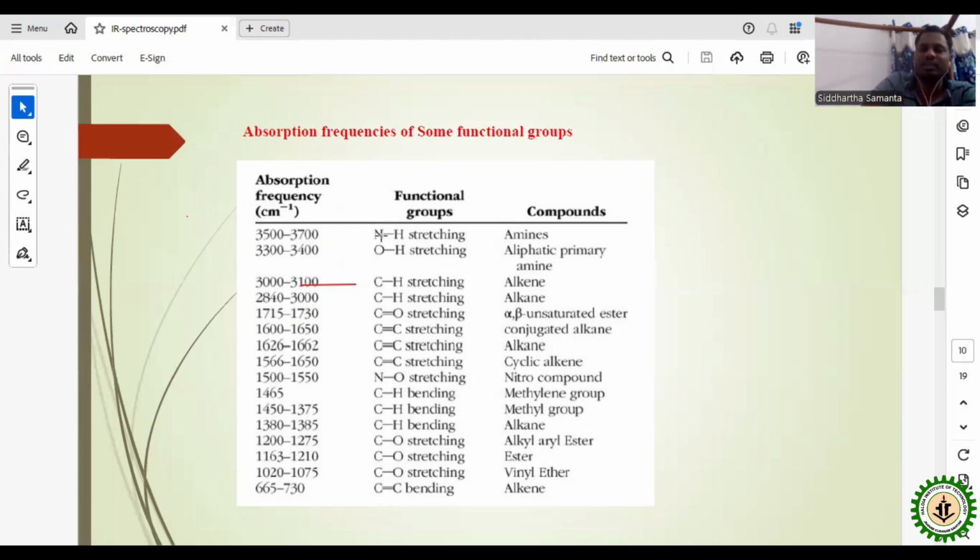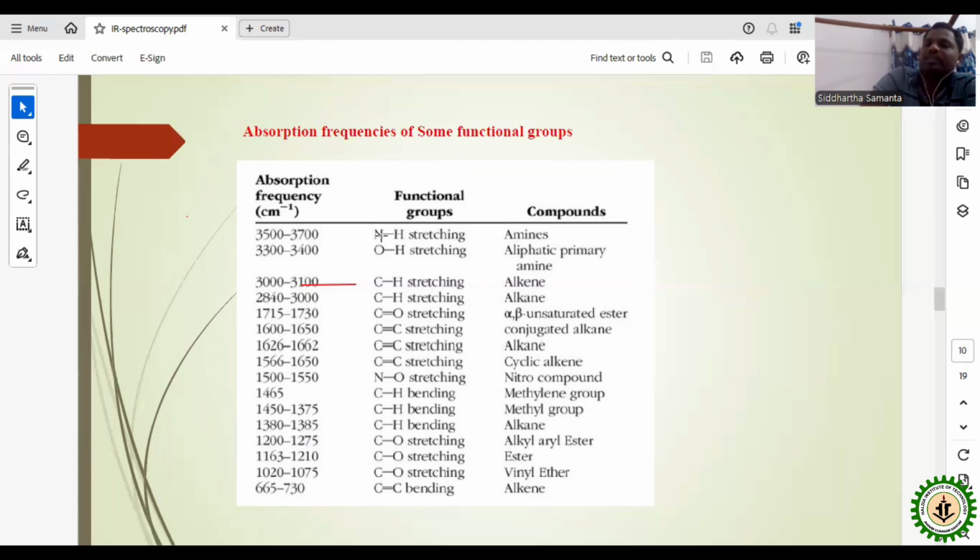In case of CH, 3000 to 3100 centimeter inverse. But CO, carbonyl stretching, is in the region of 1715 to 1730 centimeter inverse. Like CC double bond, CC triple bond, CC single bond in that region.